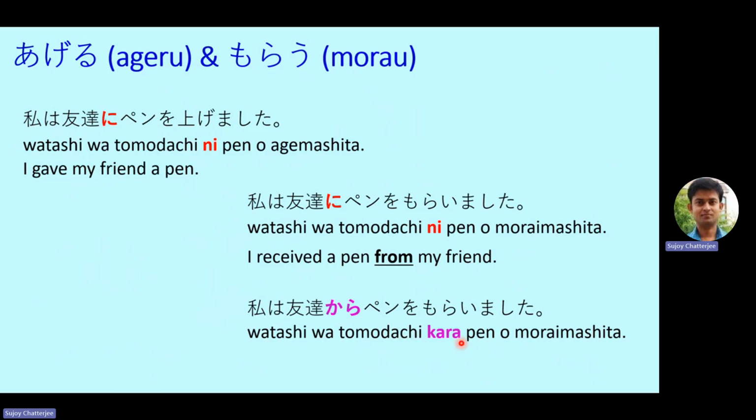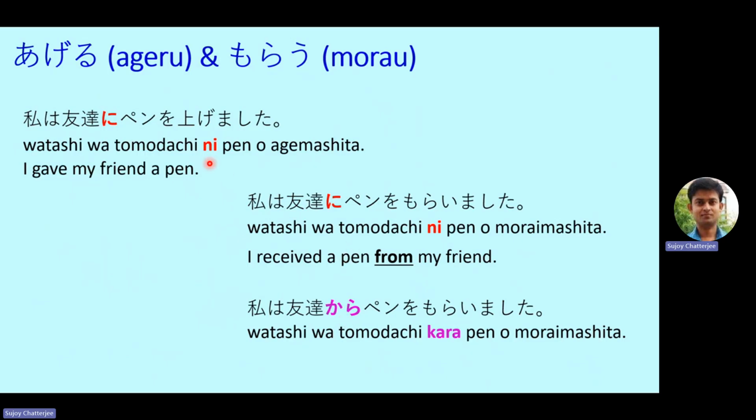So tomodachi kara pen o moraimashita. Tomodachi ni pen o moraimashita. Tomodachi kara pen o moraimashita. Both are correct usage. If you find the ni particle confusing to use, or you do not understand it very correctly, or you believe you might land up in errors while writing that, kara can also be used interchangeably for this scenario.